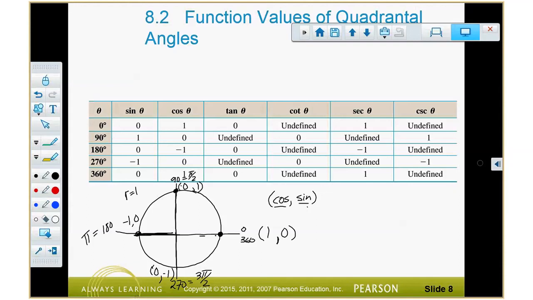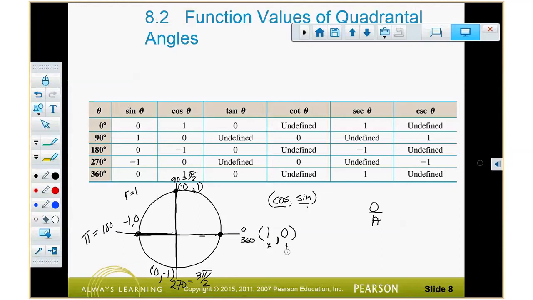And 360 is going to be the same as the first. Well, what the heck is with that undefined? Well, what is tangent? Soh-Cah-Toa, Hubert, that's right. If it's opposite over adjacent, and you know that this is the x and this is the y, then you can say this is the adjacent, and this is the what?